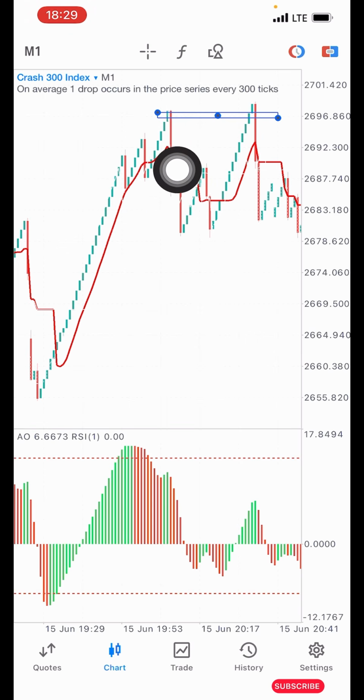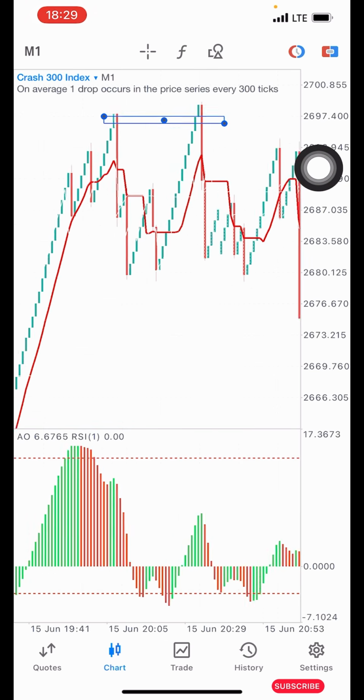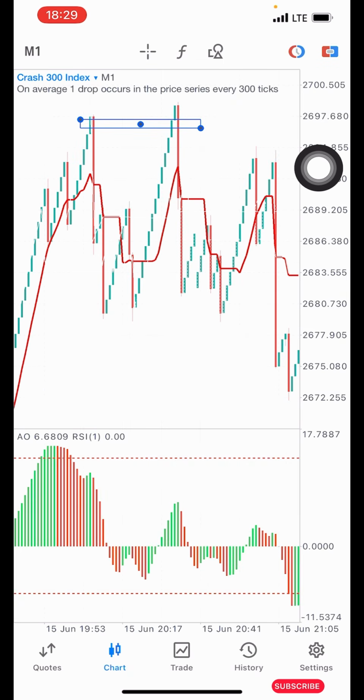So once it gets to this area, it's sure to spike again, to spike down. And this is a bonus take for you guys. Now you can see these double spikes here. Whenever it happens on crash 300, this double spike, this kind of spike that will come and then another one will follow.